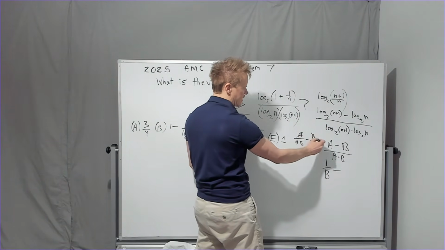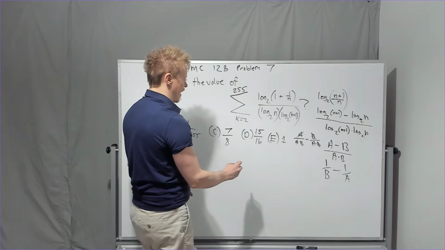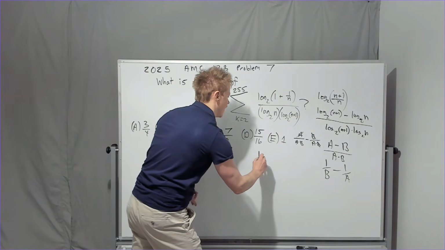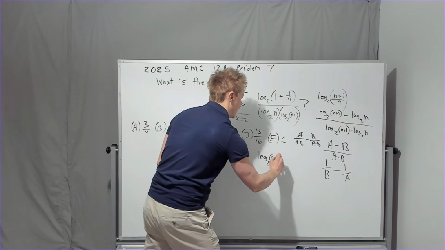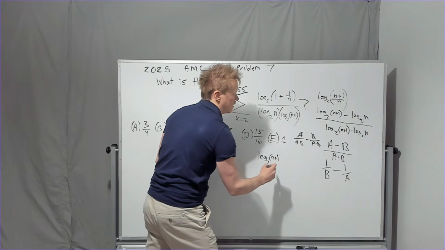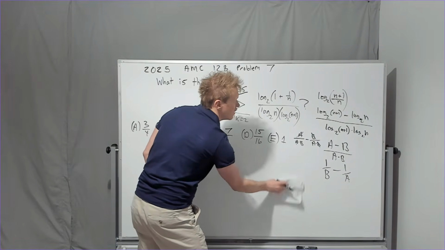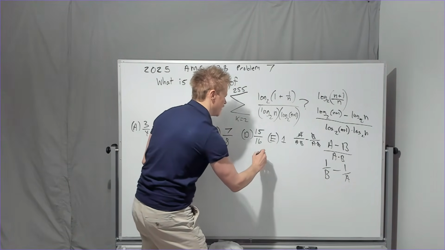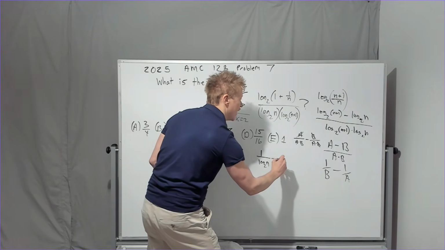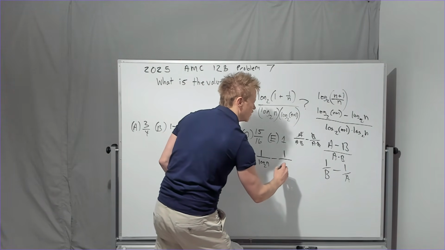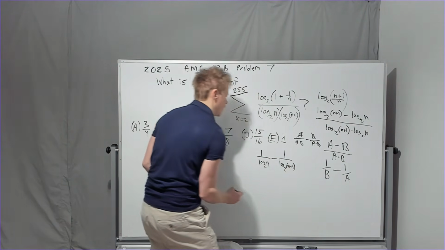So cancel the a's, cancel the b's, minus 1 over a. No, hold on. It's 1 over b first. So my b is log base 2 of n. So it's 1 over log base 2 of n minus 1 over log base 2 of n plus 1.